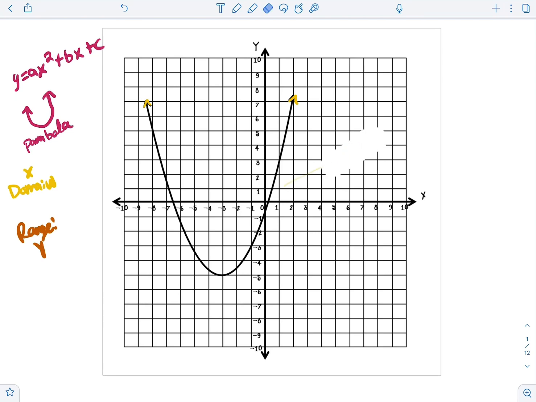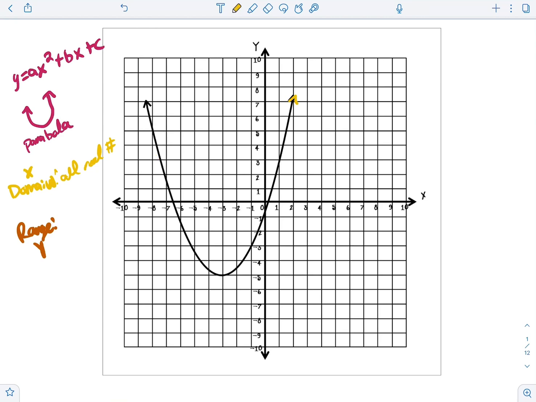And then not only is the graph going to go up here, it's going left. What does that mean? It means that the domain is all real numbers for quadratic functions, as long as they have these arrows at the end.